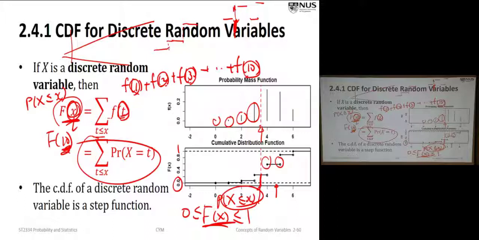Let me use my magnifying glass just for this part. What it means is that the function has a value here and continues until it reaches a certain point. Once it reaches that point, it will jump. So that's why this point, this empty circle, you just go there.